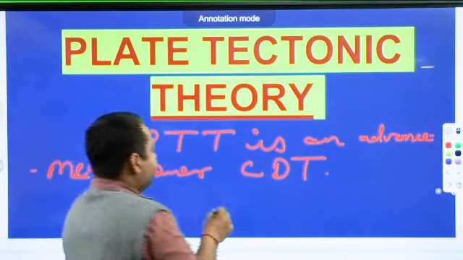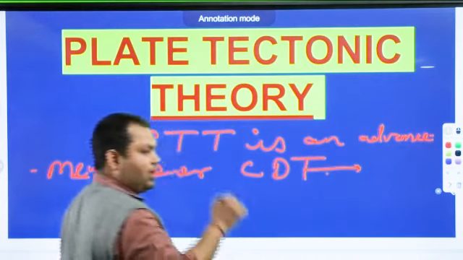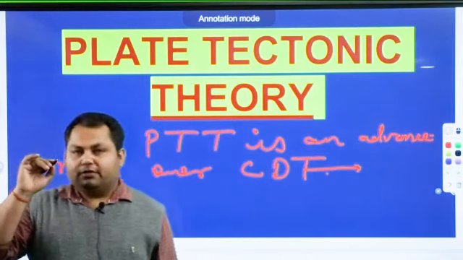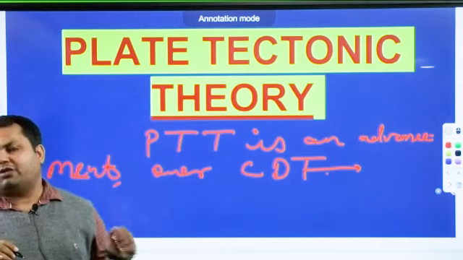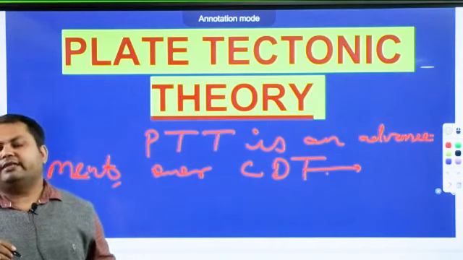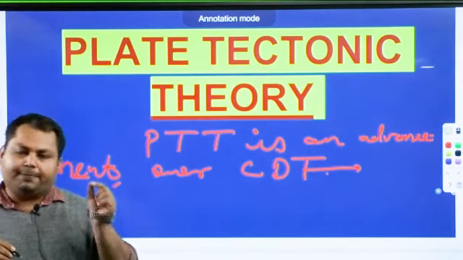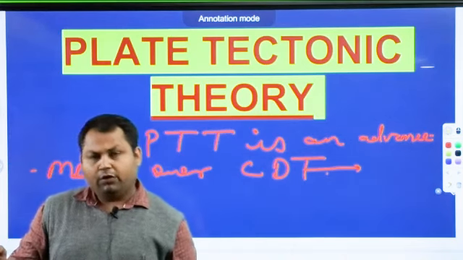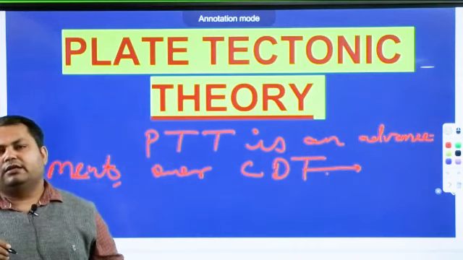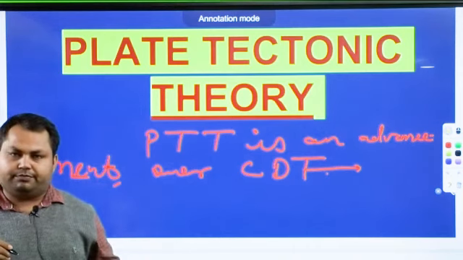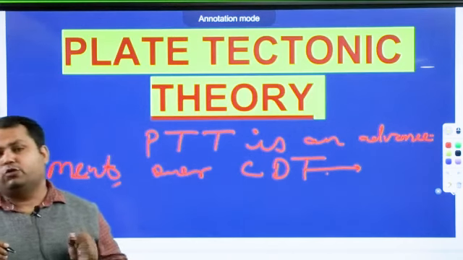Because in the case of continental drift theory, Mr. Alfred Wegener considered the driving force of the continents to be the gravitational pull of the sun and moon, which was criticized by the world scientific community. This theory provides an appropriate force for the driving of the continents as well as the oceanic plates or the ocean bottom. One more shortcoming given by Alfred Wegener was that only the continents move.